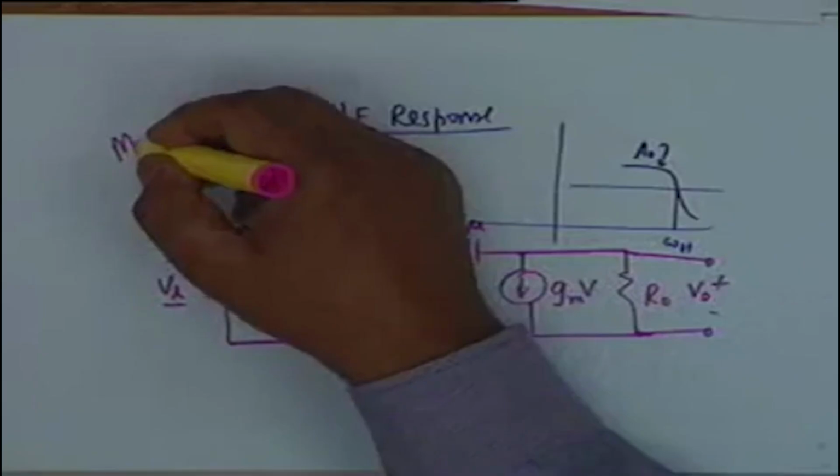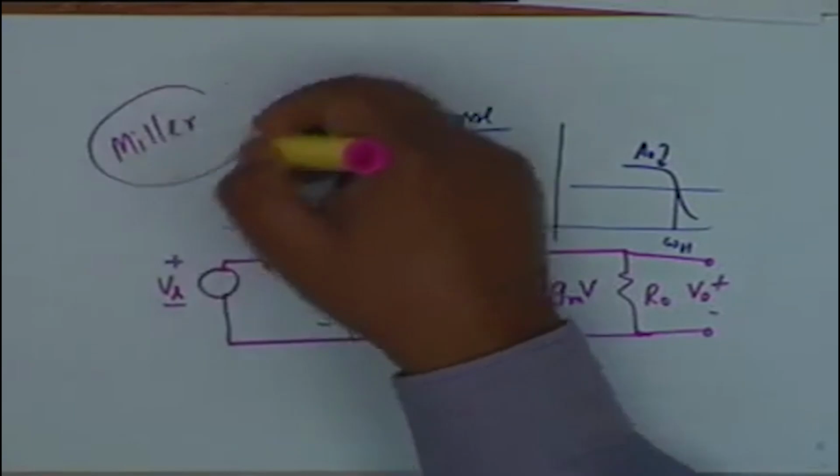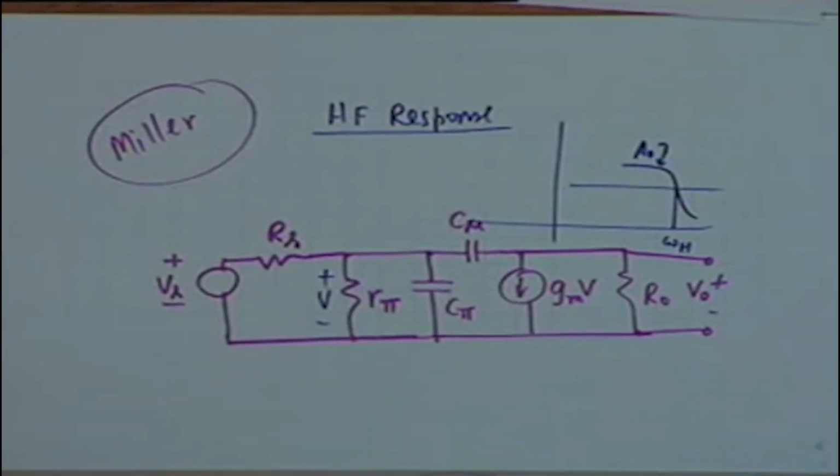And this is where a gentleman by the name Miller, C.J. Miller, M-I-L-L-E-R, contributed very substantially. Miller was a practicing engineer and he found this kind of an analysis very troublesome. He was not good at loop analysis, node analysis, so he said, I will simplify the matter. Let us look at Miller's philosophy a little carefully, then we shall go back to this circuit.